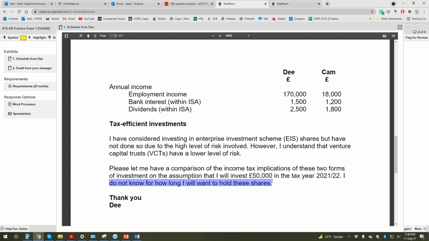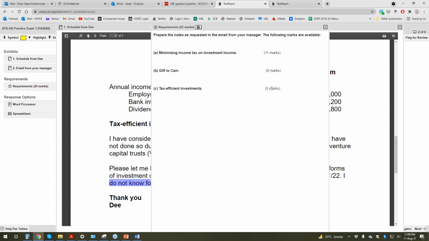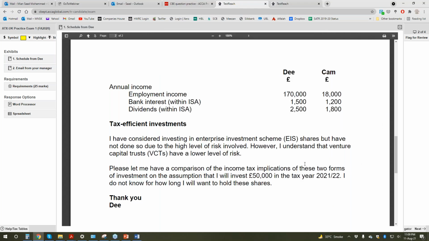So these are the 3 points I will tell, and I'll score in this part first, and the later parts I will try to figure out later on. So in requirements, I'll try to secure these 5 marks first, then the gift to Cam, and then maximizing income tax investment.